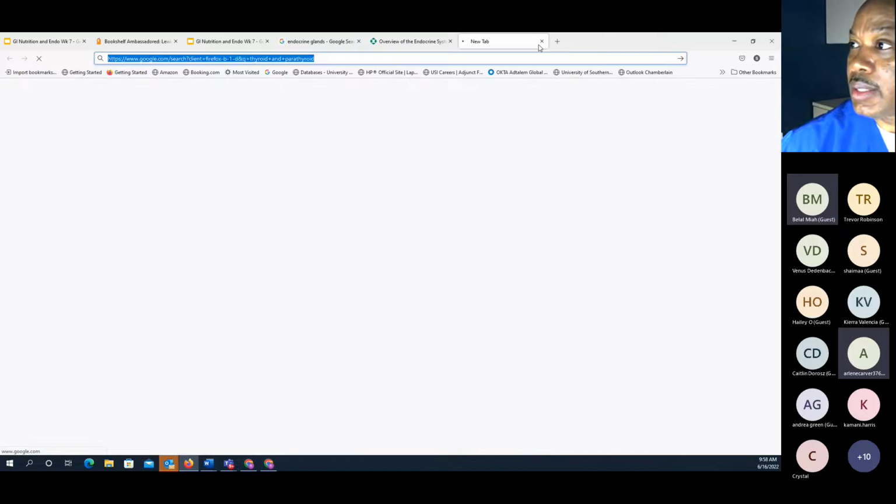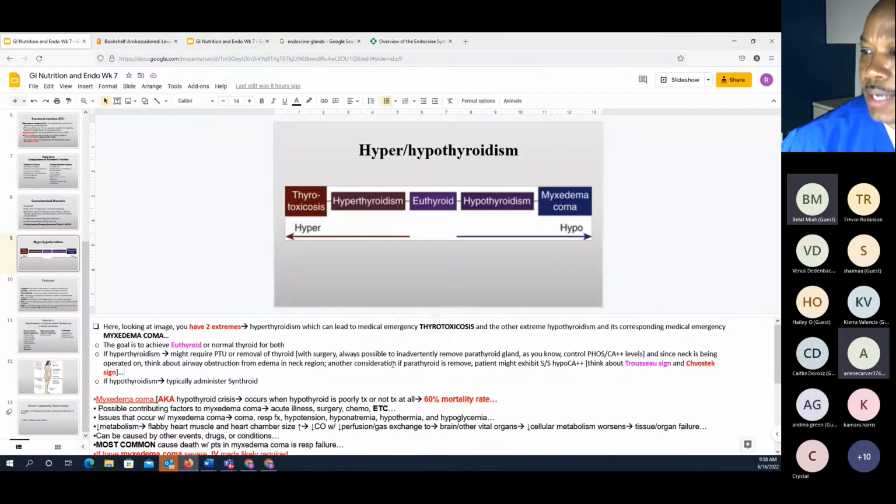The problem is that when the parathyroid gland is inadvertently removed, remember the parathyroid gland handles calcium and phosphate levels. So keep in mind that these patients can have calcium phosphate issues. We have to check their labs and then give them replacements as a result.